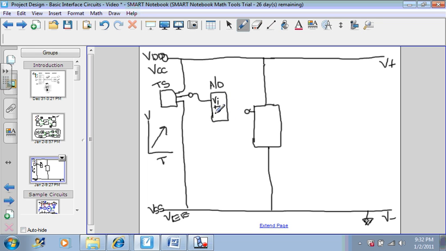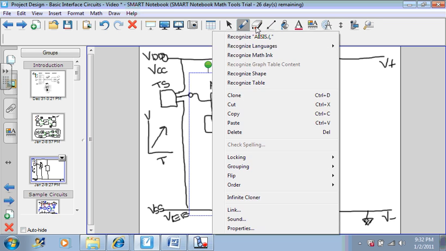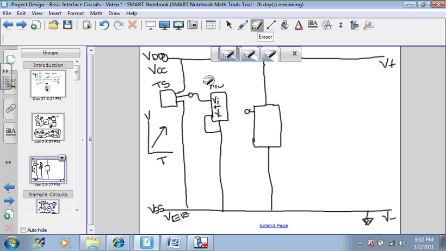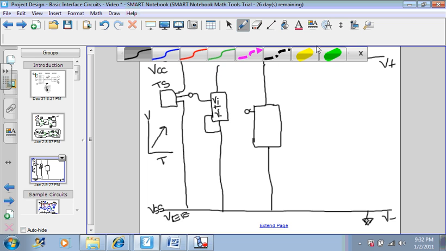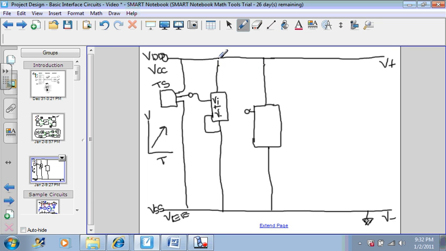And then there's another one called VIN minus, and that will connect to the ground. And I also know that this analog to digital converter also has a power pin.